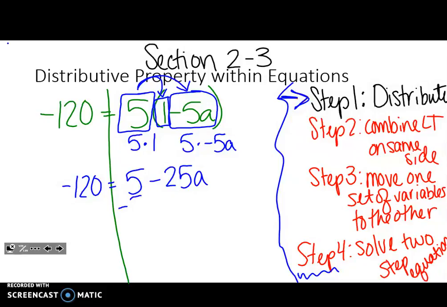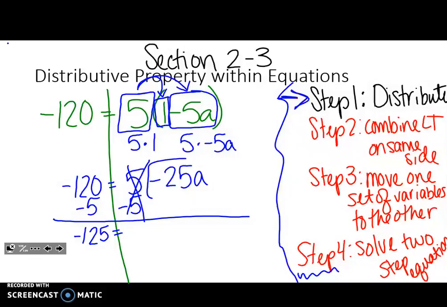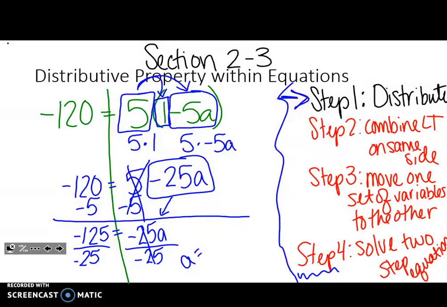First number I'm going to move is that positive 5 by subtracting it to the other side. I get negative 125. This is still a negative 25a. Divide both sides by negative 25 to get a equals 5.